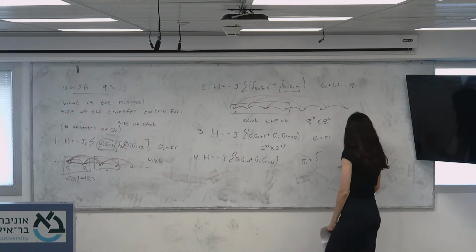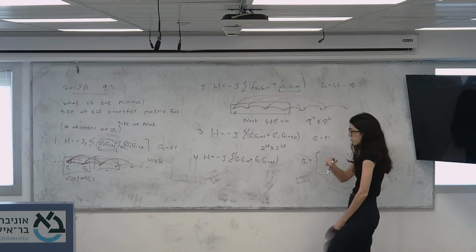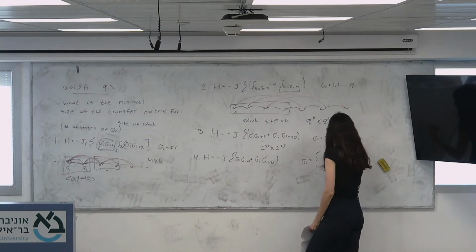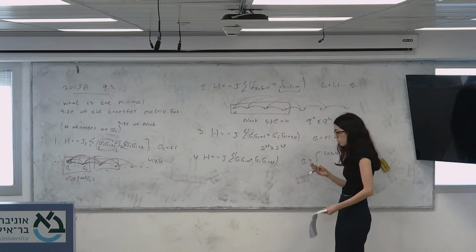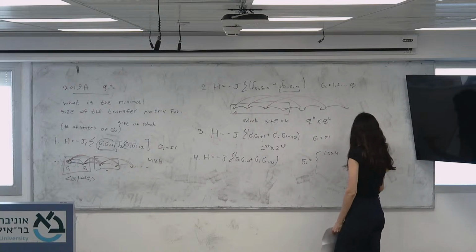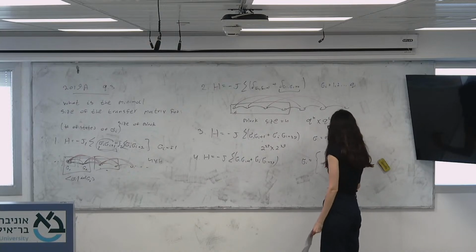If i is even, so for sigma 2, sigma 4, etc., it can be 1, 2, 3, or 4. So we have 4 options. And if i is an odd number, we have 3 options: 1, 2, and 3.